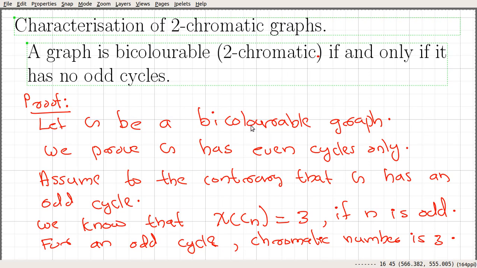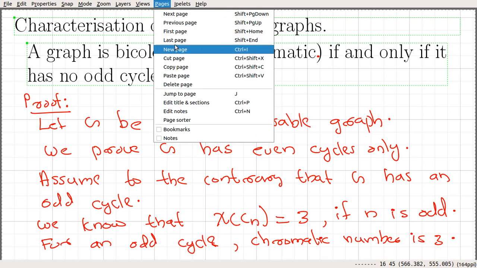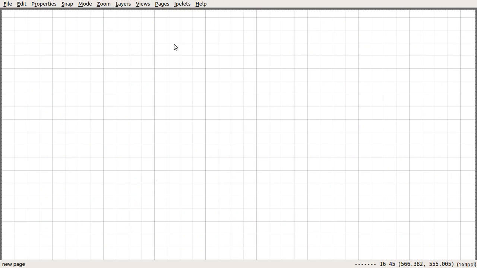It is 3 colorable if we assume that G has an odd cycle. So G is 3 colorable, or at least we require 3 colors.